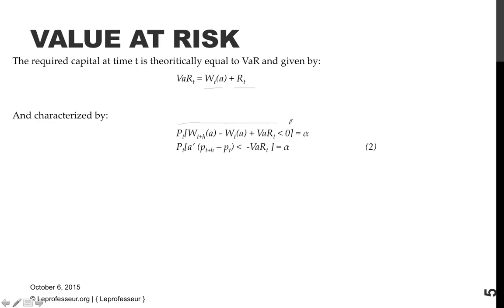PT and WT plus HA minus WTA. So what we did here, we simply put the value of the VaR, this VaR equation A, in the previous equation number 1.